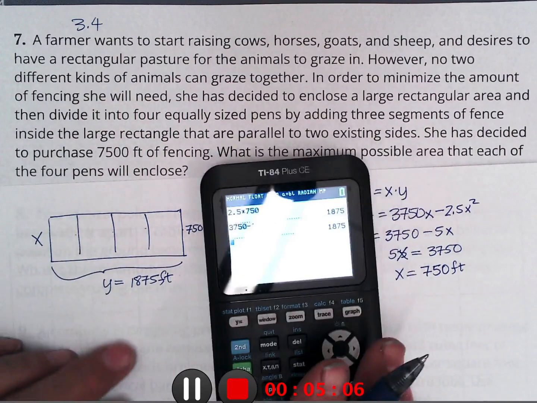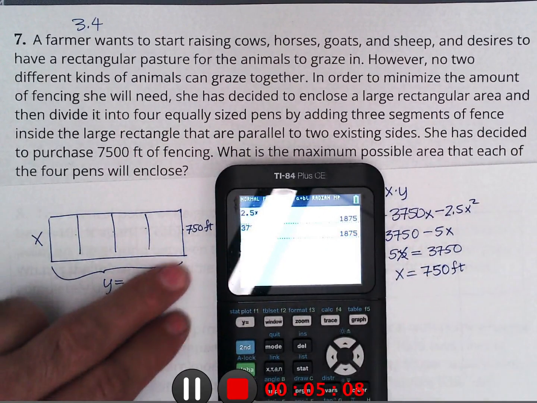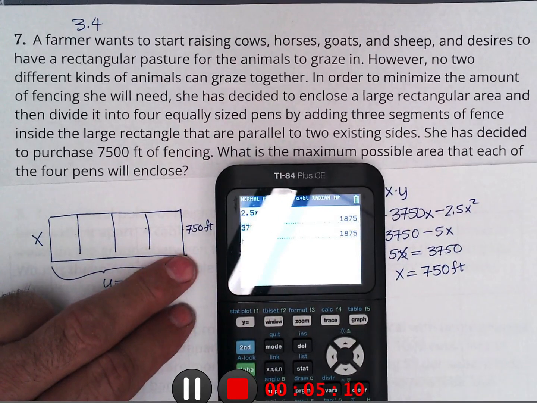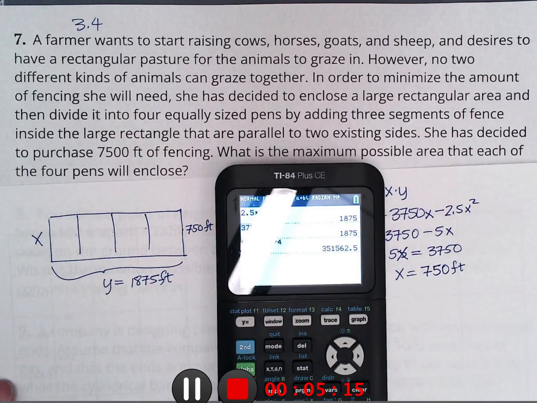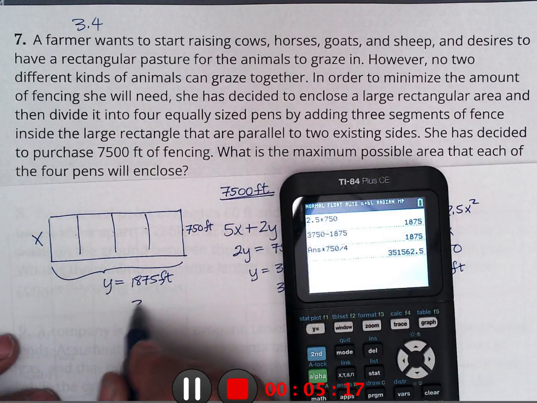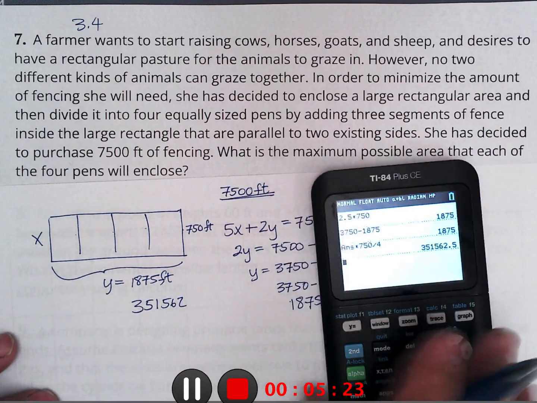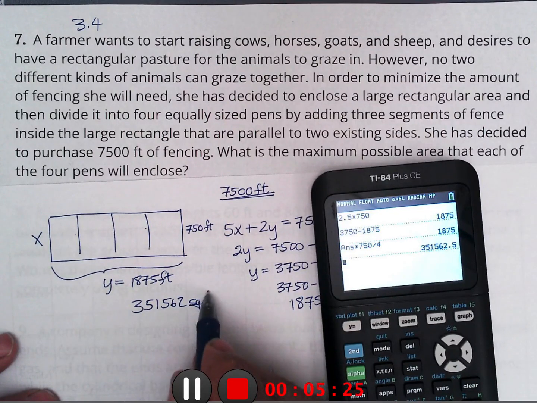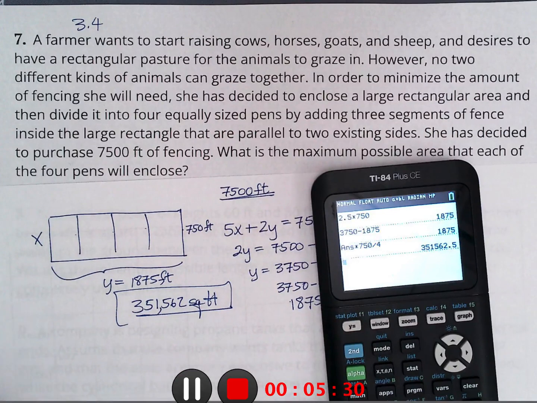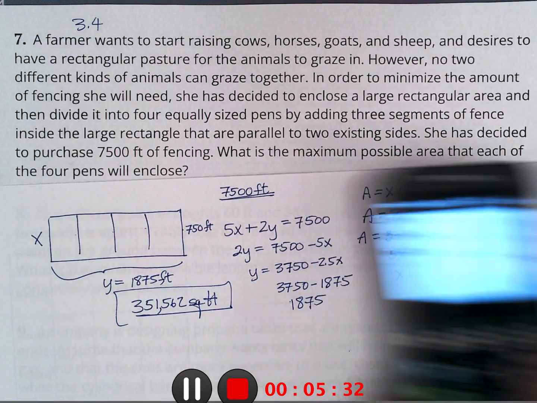So I'm going to take this times 750 divided by 4. And each pen will be 351,562 square feet, which differs from what the book had. So the book answer is incorrect on this particular problem.